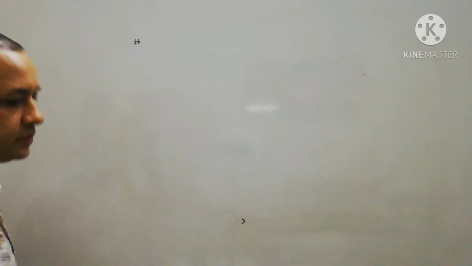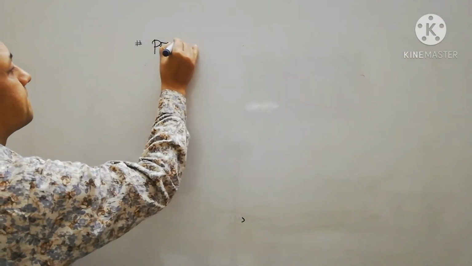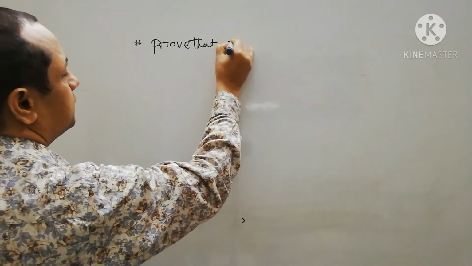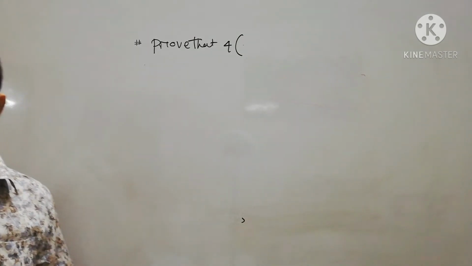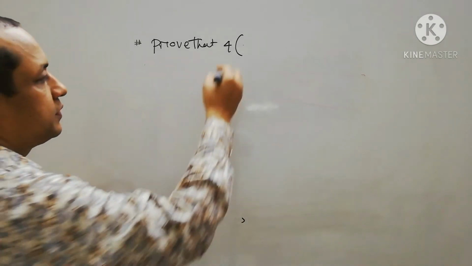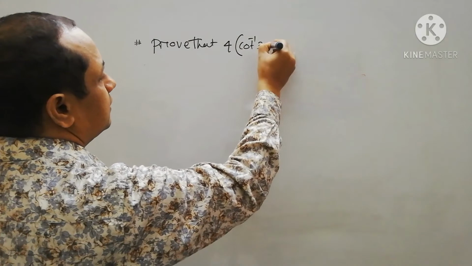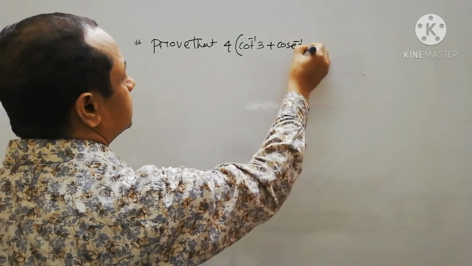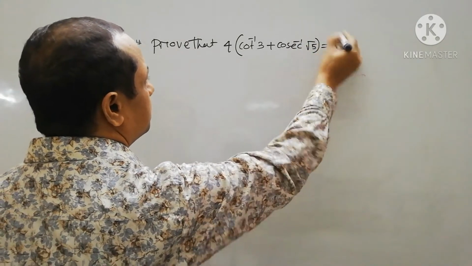Student, next question. Prove that 4 into cot inverse 3 plus cosec inverse root 5 equals pi.